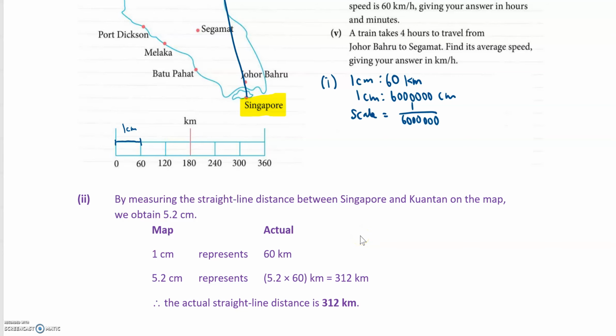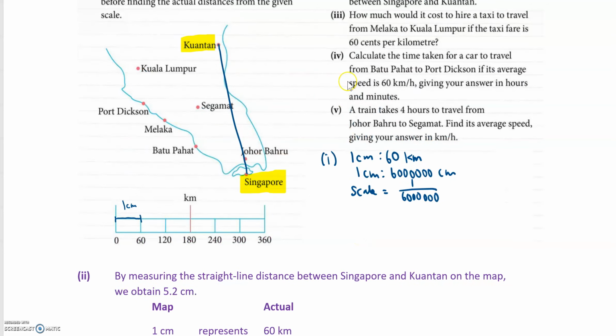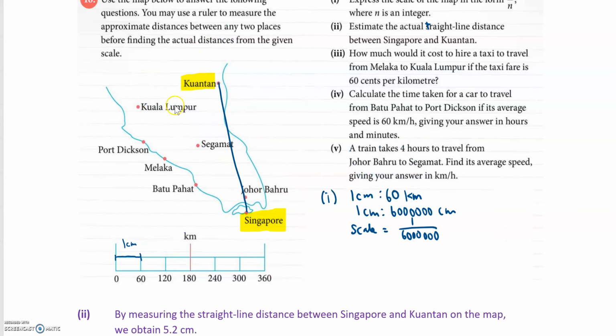Let's look at part 3. How much would it cost to hire a taxi to travel from Malacca to Kuala Lumpur if the taxi fare is 60 cents per kilometer? For part 3, they want us to find the cost of hiring a taxi to travel from Malacca to KL.